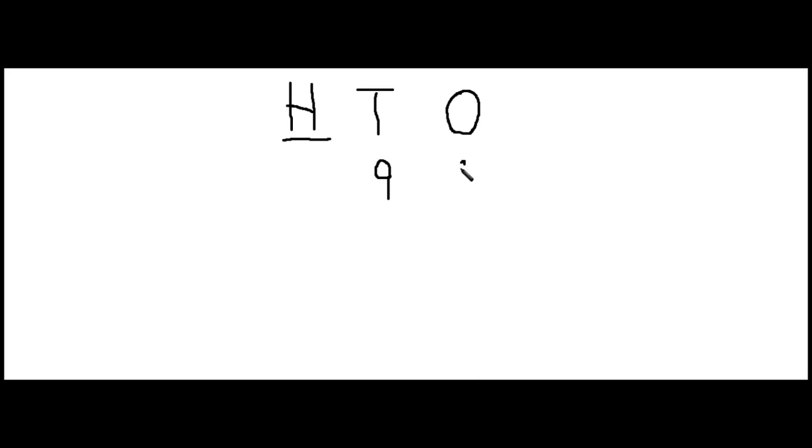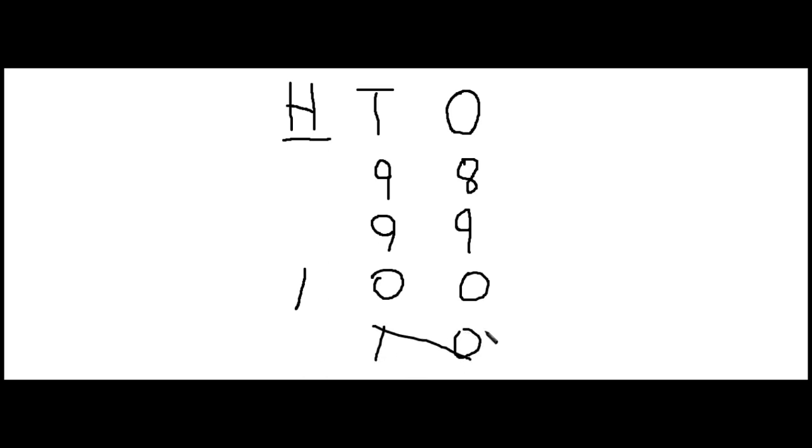This is 98. 98 has 9 tens and 8 ones. The next number, 99, still has 9 tens but 9 ones. The next number becomes 100. We write 100 with a 1, a 0, and a 0. If we say 100, we can't do this because this is 10.